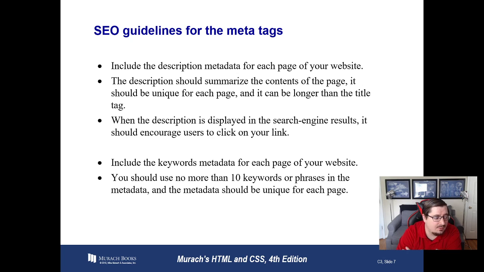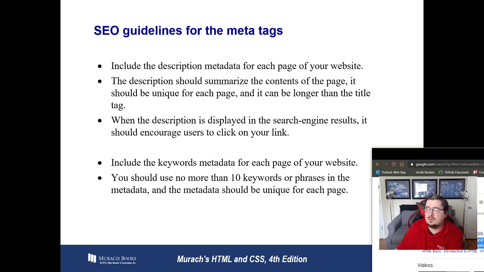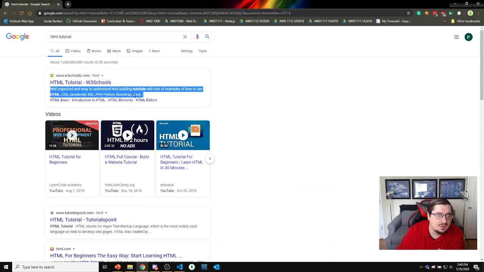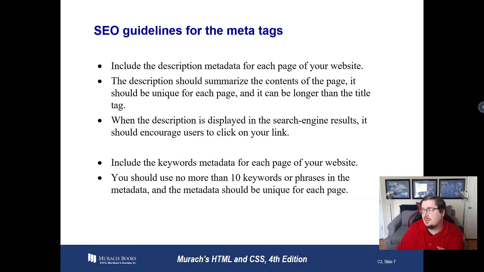The description can be longer than the title. It doesn't have to be limited to 65 characters. There is an upper limit, as you can see with the search results. You see it's cut off at some point. So there is an upper limit, but it is much higher than 65 characters.